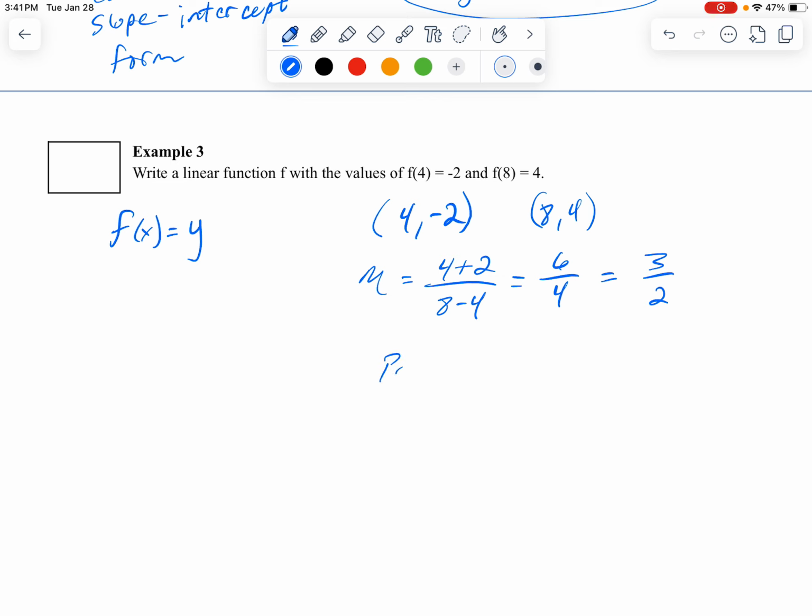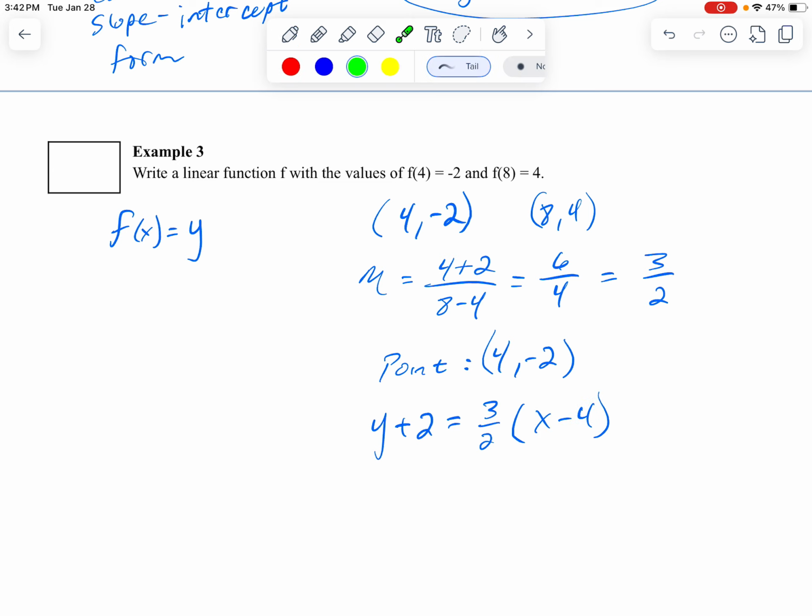My point that I'm going to use, again, it doesn't matter which one you use, 4 comma negative 2, and then let's fill that in. So y minus negative 2, so y plus 2, equals slope times x minus 4. Distribute.